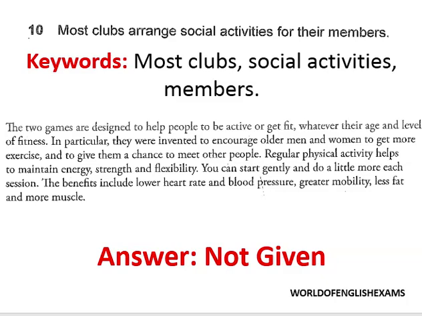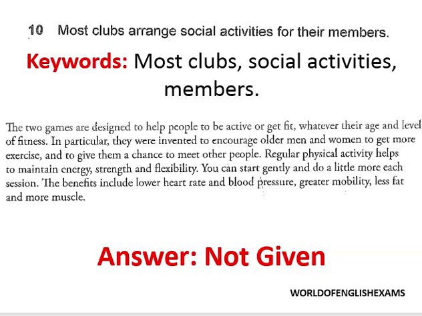This is called partial information. Half of the information is seen and half of it is missing. Generally students confirm this as false because they think that when information is missing it is false. But no, when information is missing, whether it is completely missing or half missing, it is not given.